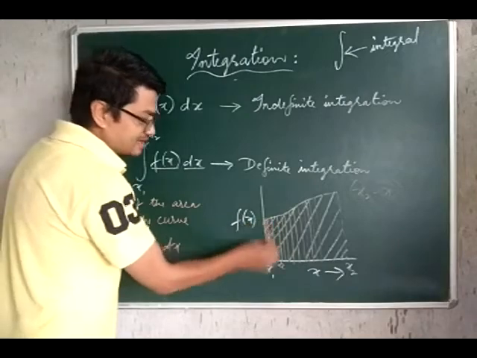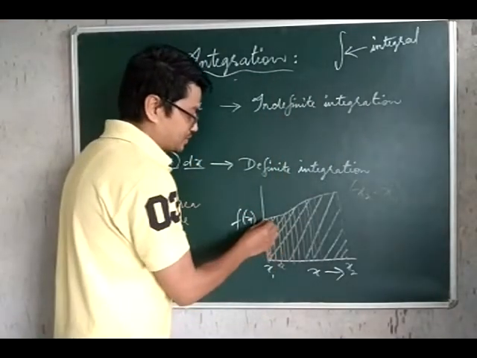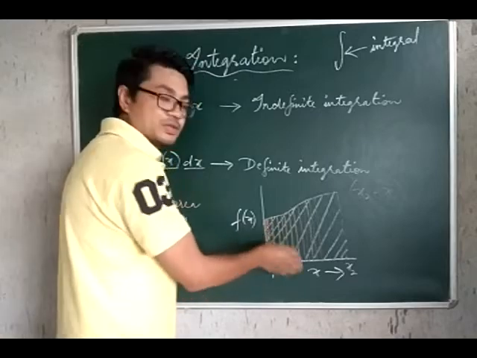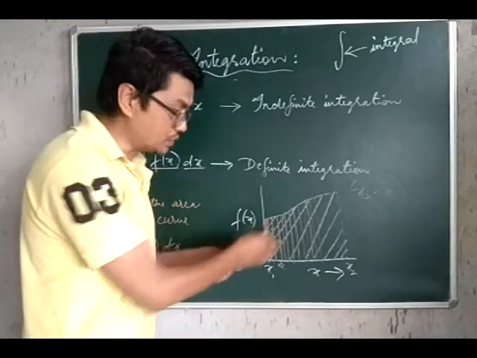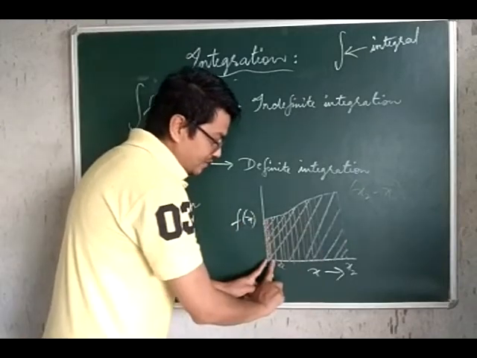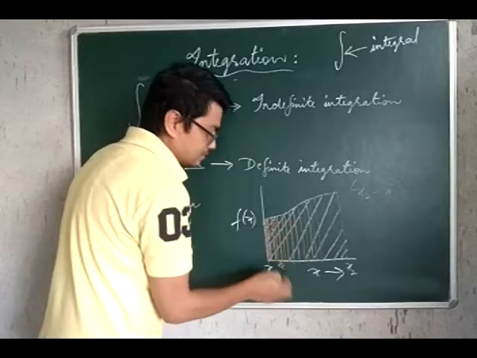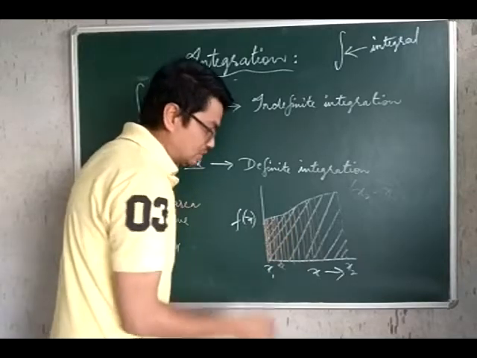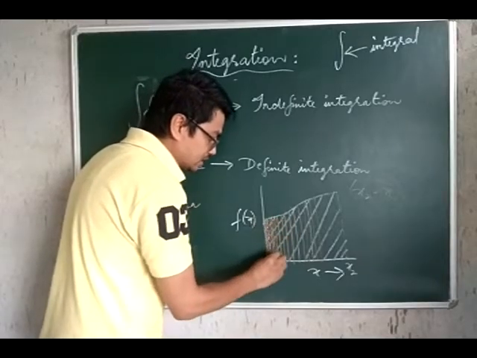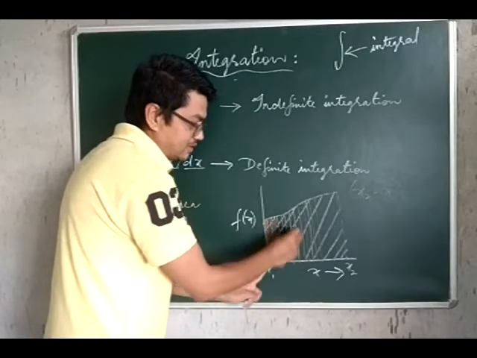If we divide this into an infinite number of strips, which I can't draw or show you here in this picture, then if we divide the value of x into infinitely small values, the area of each rectangular strip goes on decreasing, and we have an infinite number of rectangular strips like this.